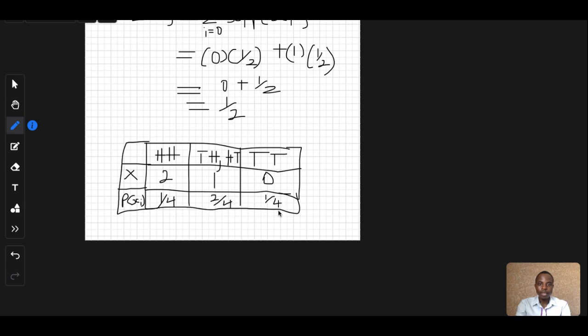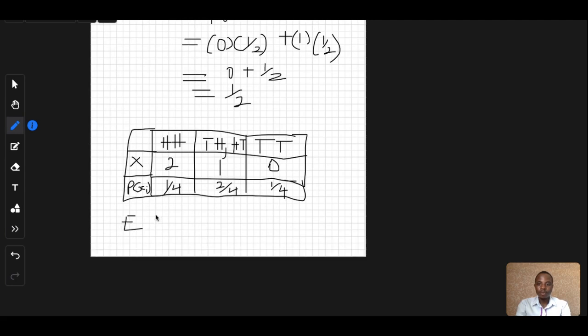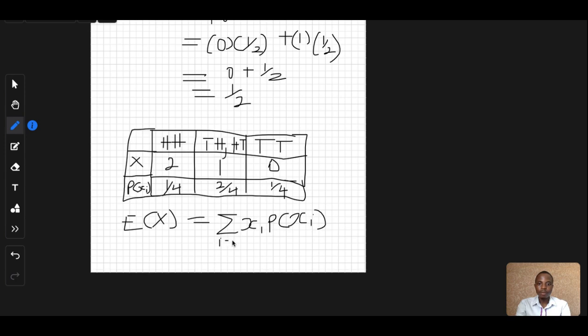Now, because of that, our expected value, the mean, is going to be the summation of xi times the probability of xi, i takes value from 0 to 2.